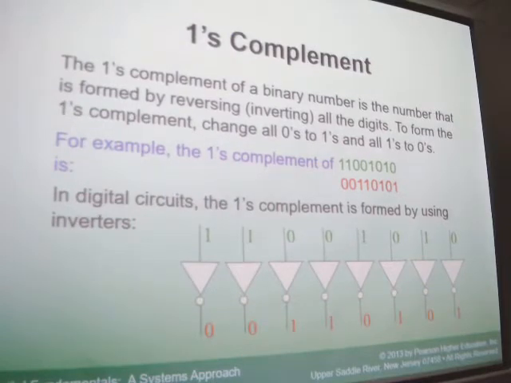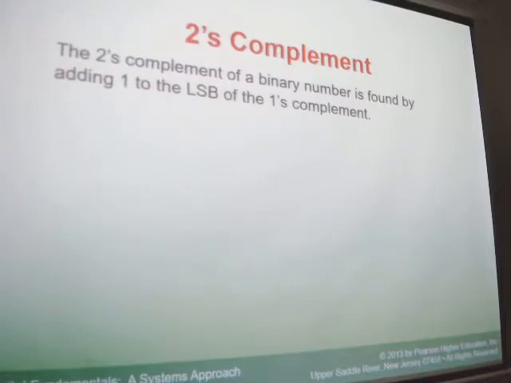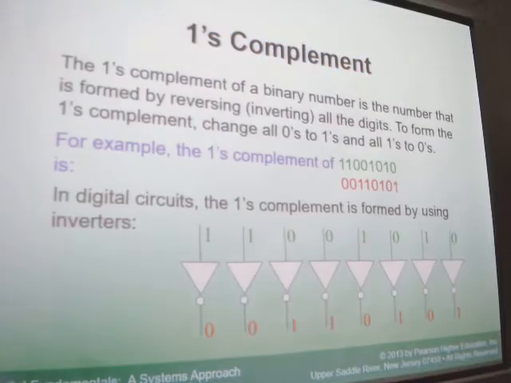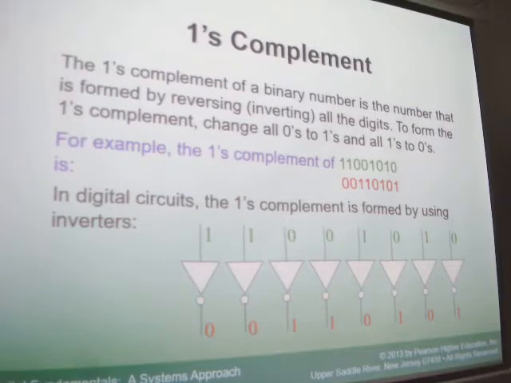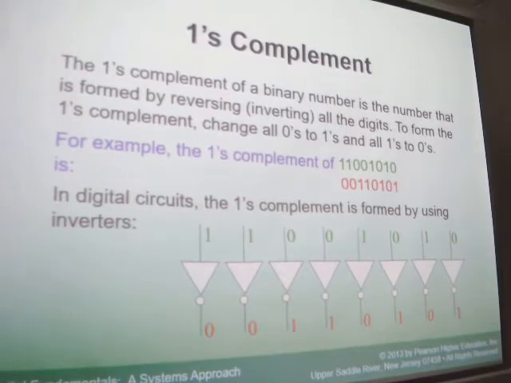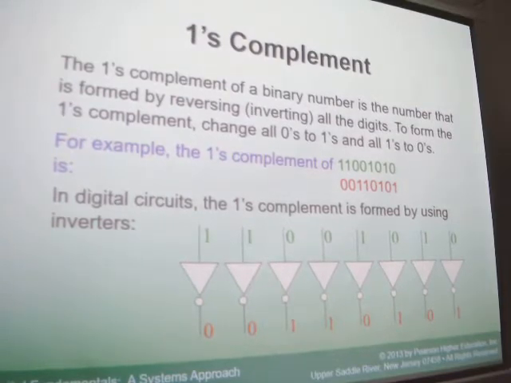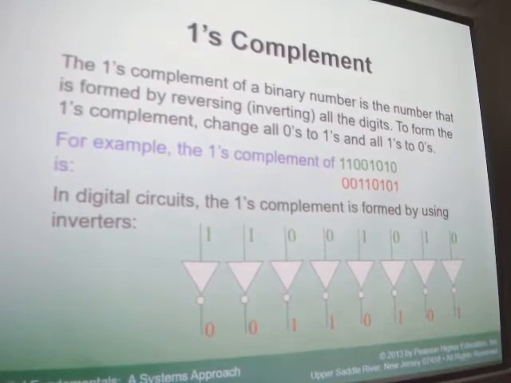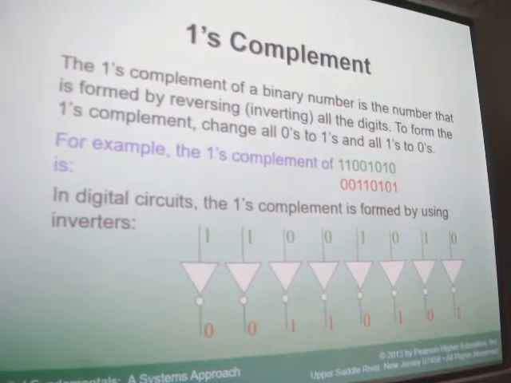But for a positive number, we don't need to convert to the one's complement. A positive number's one's complement is itself.